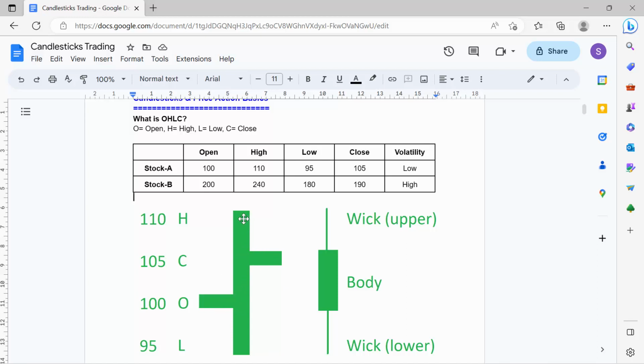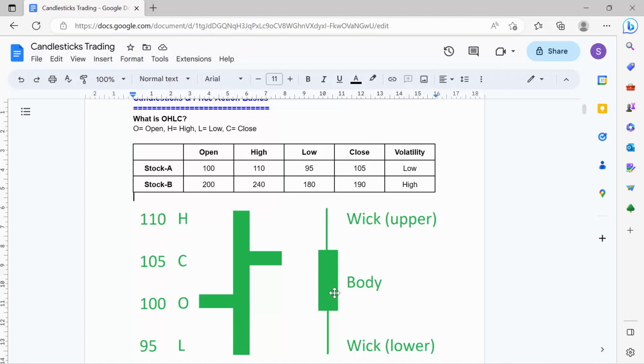Number 2, the complete bar represents the whole day's price action. The top of the bar represents the high price and the bottom of the bar represents the low price. Since the closing is higher than the open, the color of the bar will be green, indicating bullish sentiment. Now let's move to candlestick.